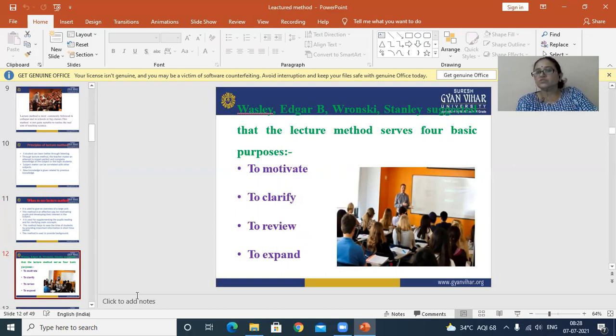To motivate the student for learning, to do better, to clarify the subject matter, and to review and expand. These are the four basic purposes of using lecture method.